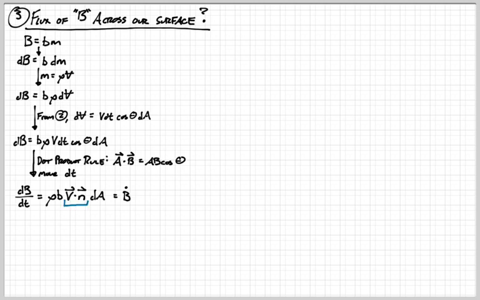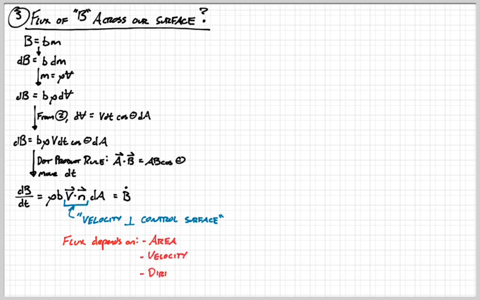And so what I want you to see when you see that dot product is simply meaning that we're taking the velocity perpendicular to the control surface, or the velocity in the normal direction here. So the flux of B across our surface, of capital B, which your book writes as a capital B with a dot over top of it, can be defined as density times lowercase b times that dot product of velocity with the normal vector times the area.